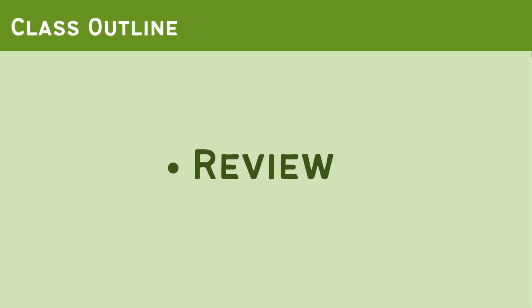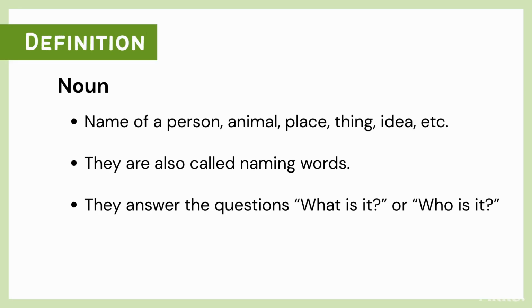Excellent work. All exercises are now complete, and it's time for a quick review in this lesson. We reviewed the name of a person, animal, place, thing, idea, which is a noun, and also called naming words because they give names to everything we talk about.